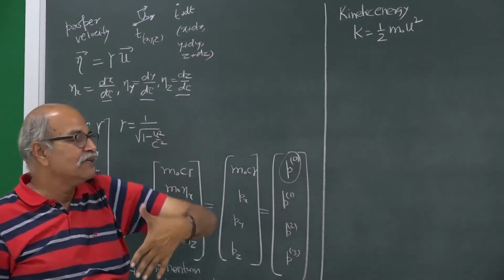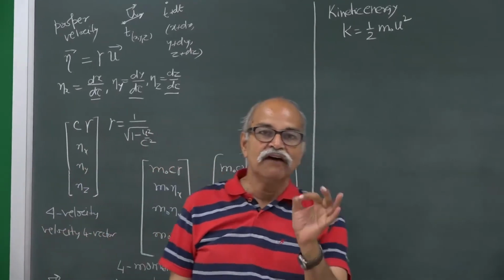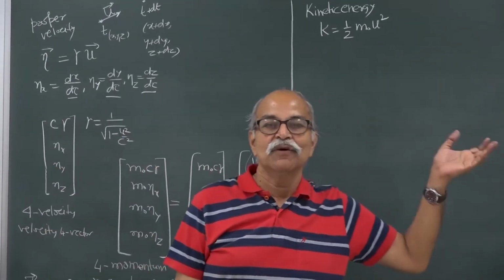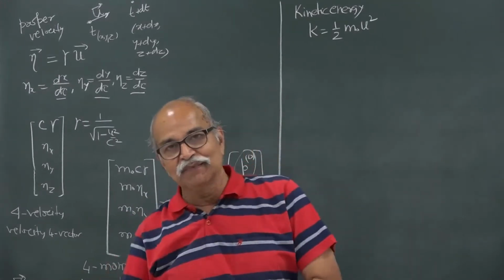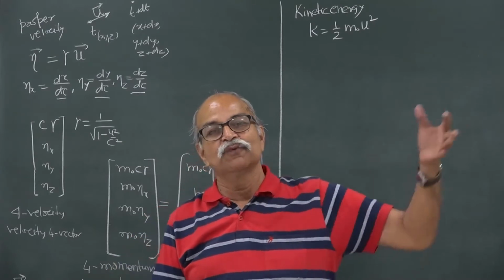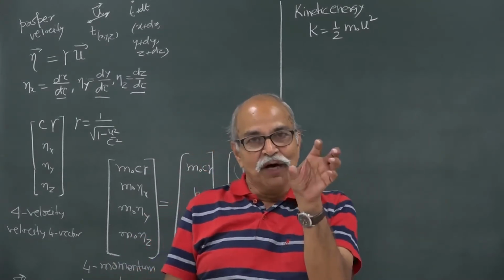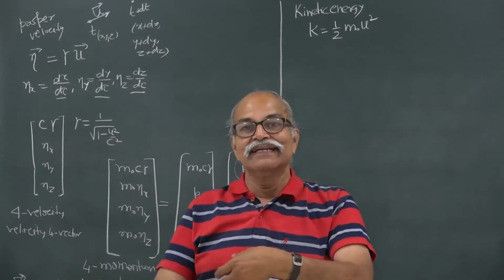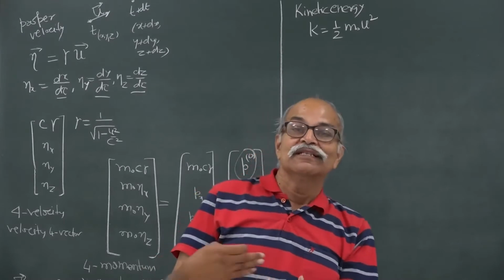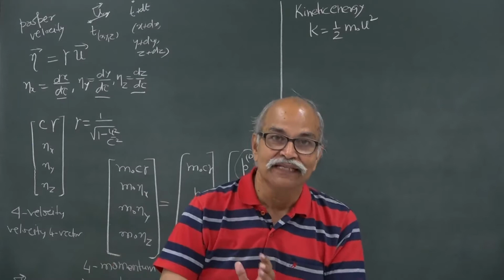The derivation starts with the work energy theorem. If you have a particle and you apply a force on that particle, and there is a displacement of the particle, there is work done by the force on the particle, and the amount of work done by this force on the particle is equal to the change in kinetic energy. That is the definition of kinetic energy.